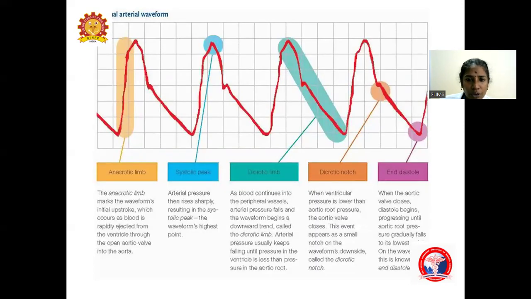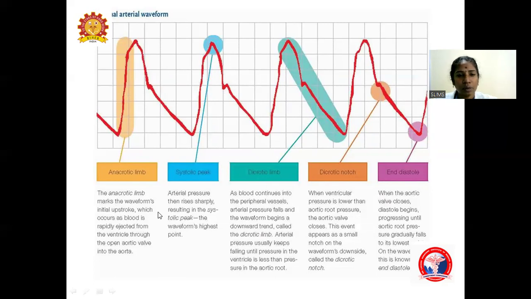See our waveform, anacrotic, and this is the systolic peak, and once it slopes down, we'll have the diastolic limb. In the diastolic limb, we will have the dicrotic notch and the end diastole. So it has an anacrotic limb and the dicrotic limb. The anacrotic limb ends in the systolic peak, whereas the dicrotic limb ends in the diastolic peak.